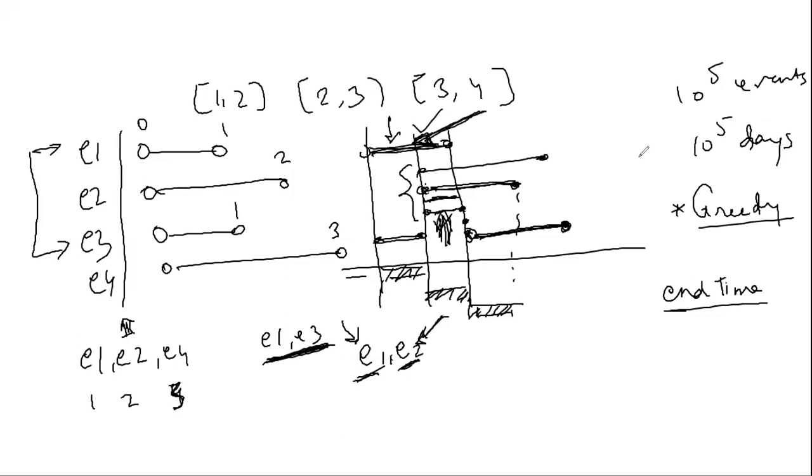Yeah. But one thing, it will fail if our first event was 0 to 2. Will it not fail? We are picking the event first instead of E3.